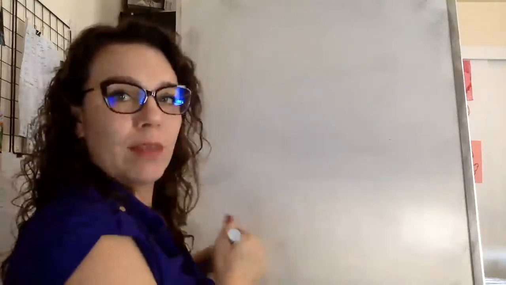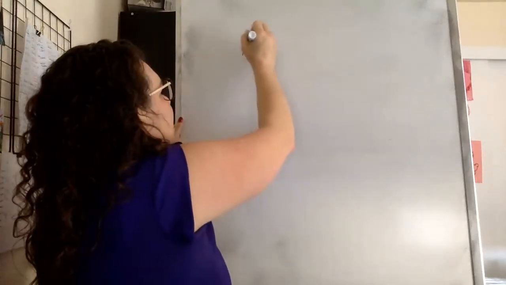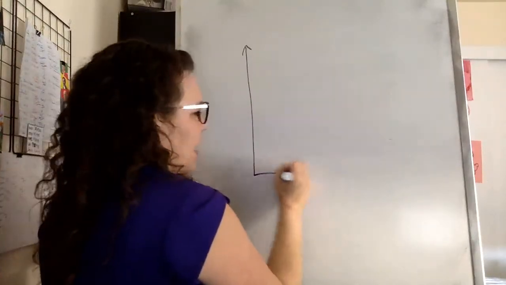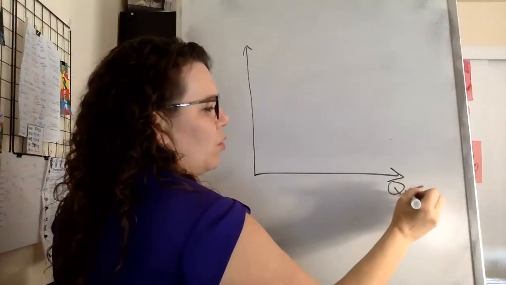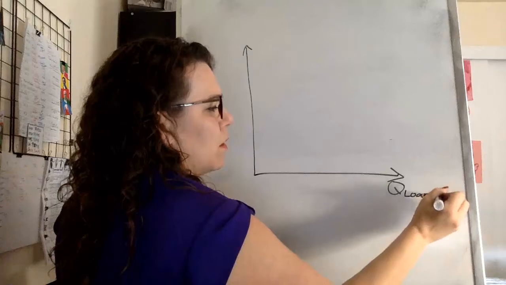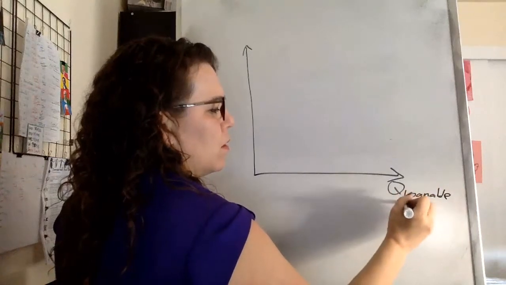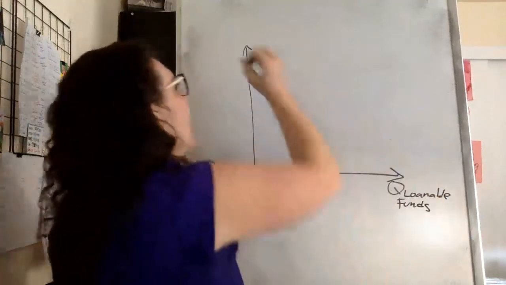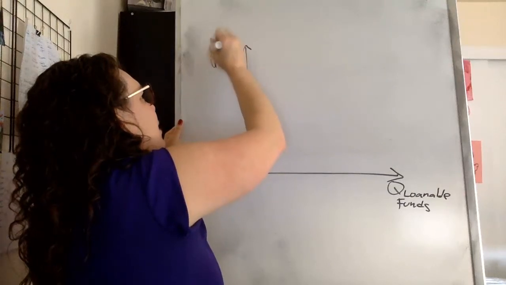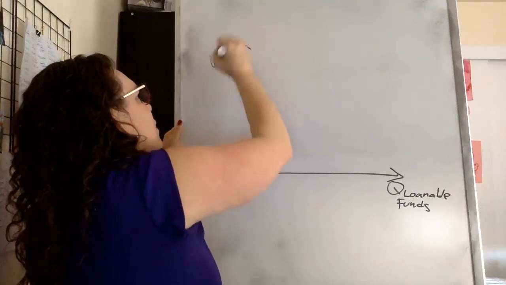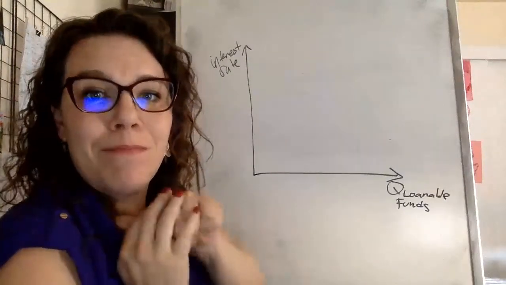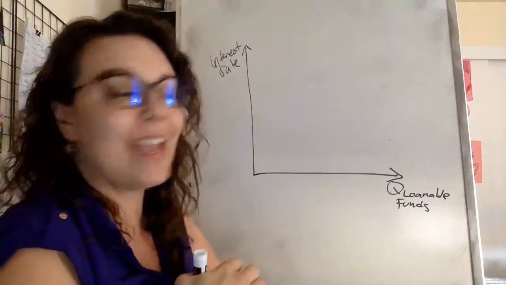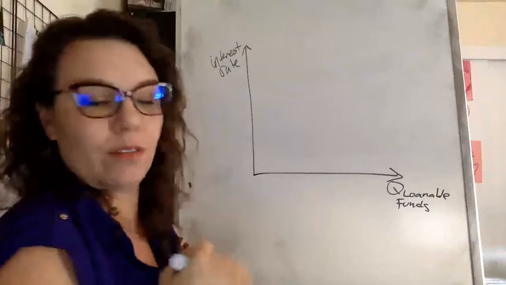What you're going to want to do is remember that the market for loanable funds is just like a market in an XY axis, only now the quantity is loanable funds, and the price is interest rate. Because an interest rate is the benefit of lending and the cost of borrowing, right?